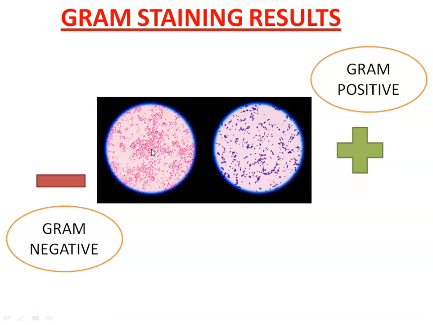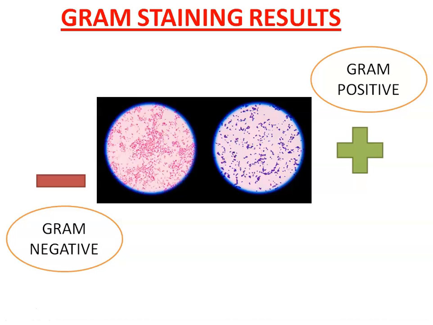So this group of bacteria have their cell wall made up of very thick peptidoglycan, which is why they are able to retain their first color, the violet color, whereas this other group of bacteria do not have a thick peptidoglycan layer.